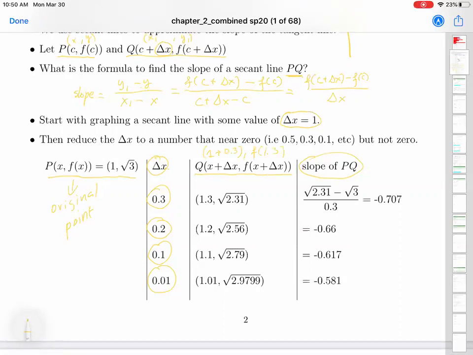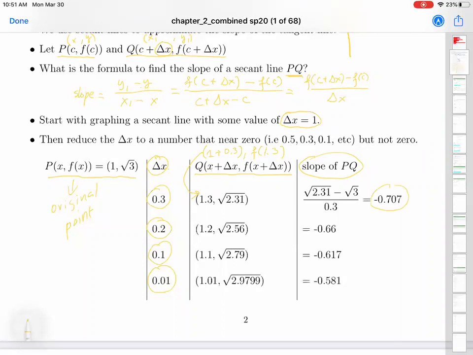So the original value of X is 1, and delta X is 0.3. We can use this information to find the new point Q. Since we know P and Q, and we know the formula for the slope of the secant line PQ, we can find the slope of PQ in the last column here.